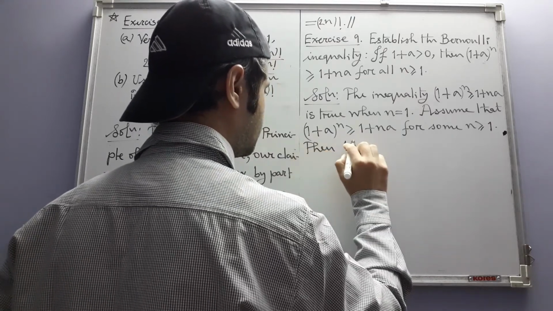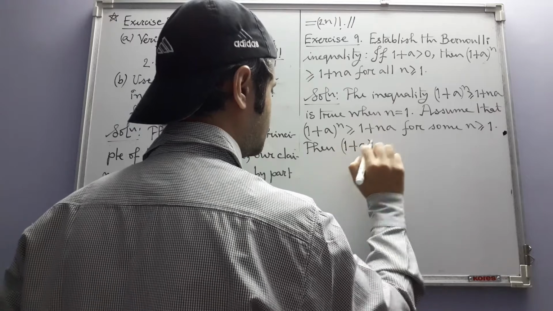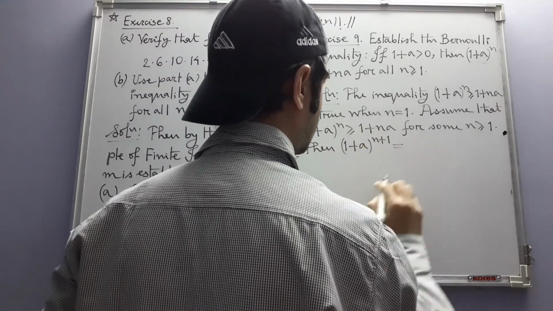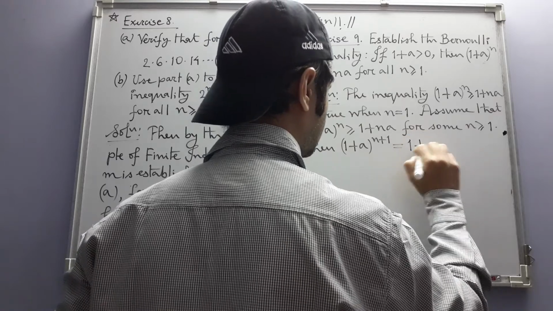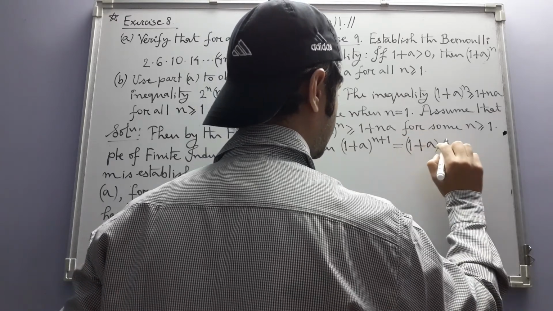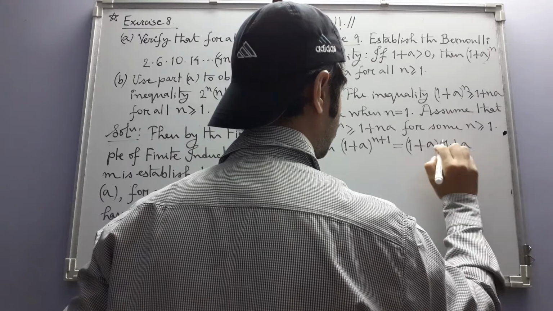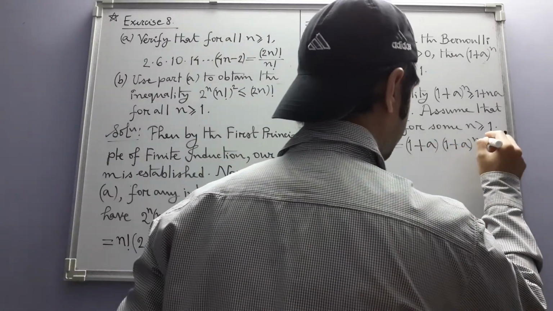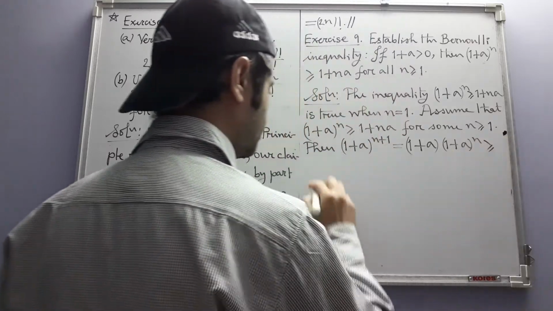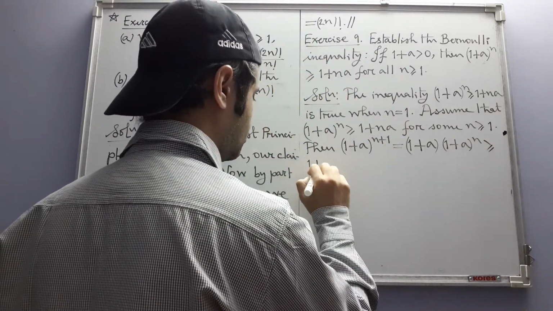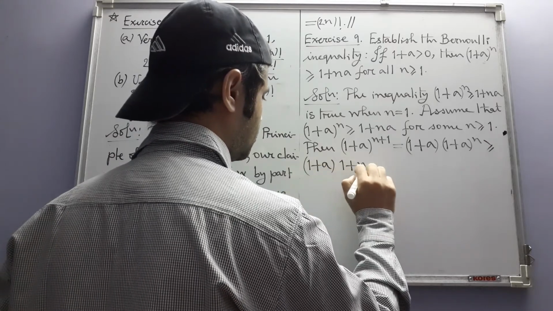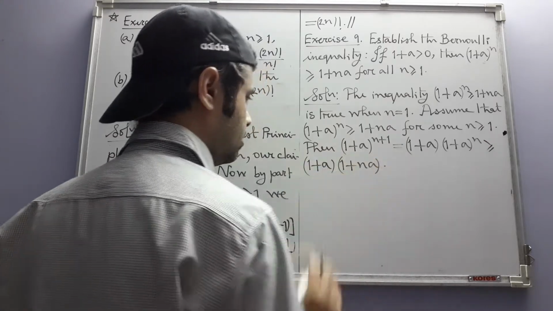Then 1 plus a whole to the power n plus 1 can be written as 1 plus a times 1 plus a whole to the power n, and this will be greater than or equal to 1 plus a times 1 plus n a.